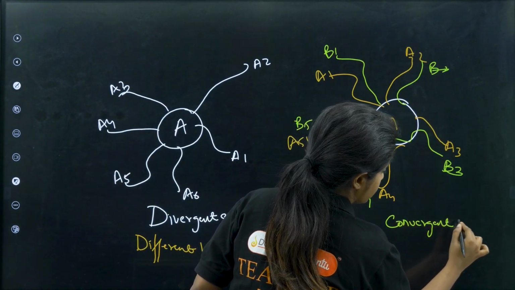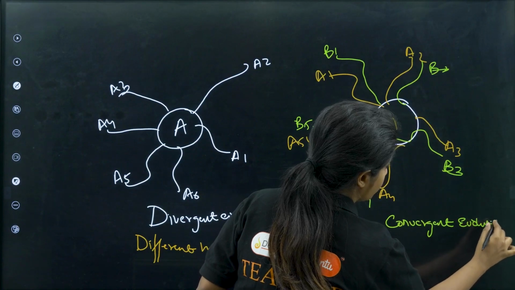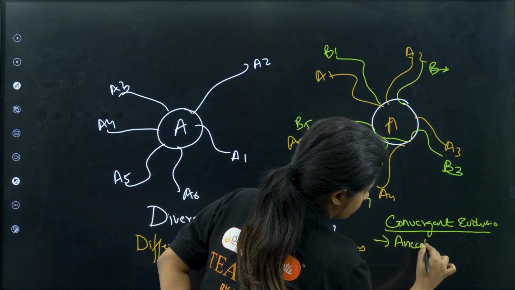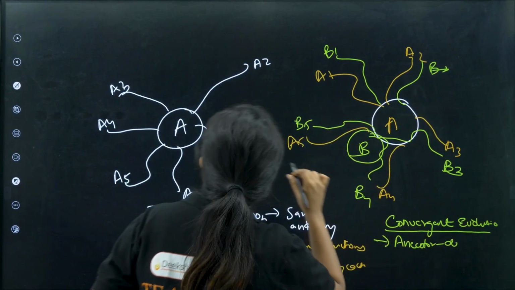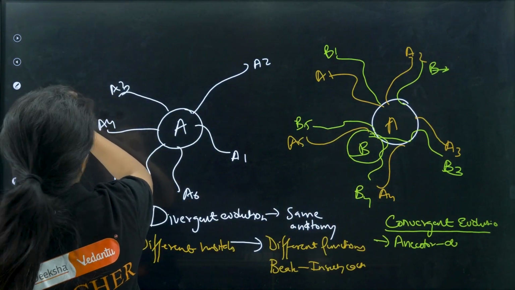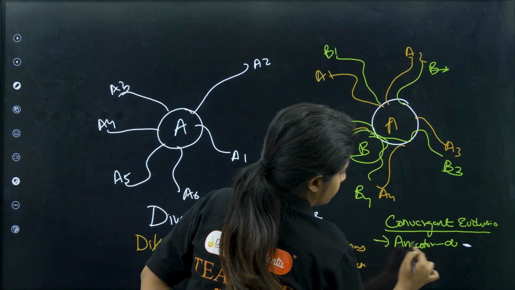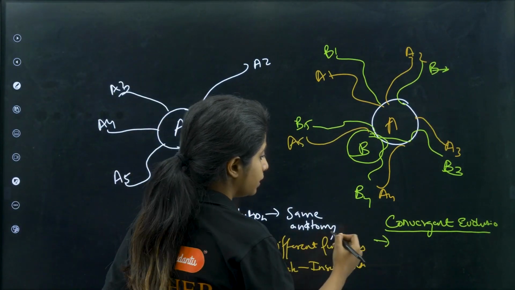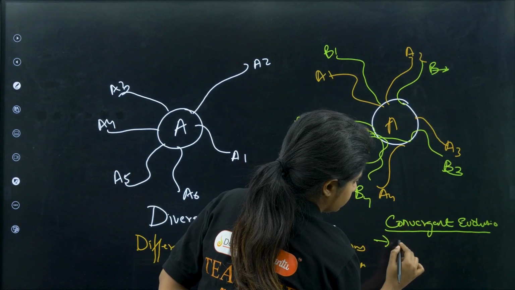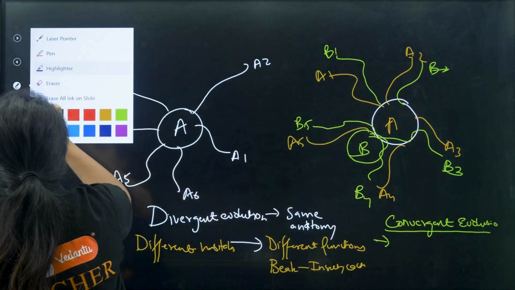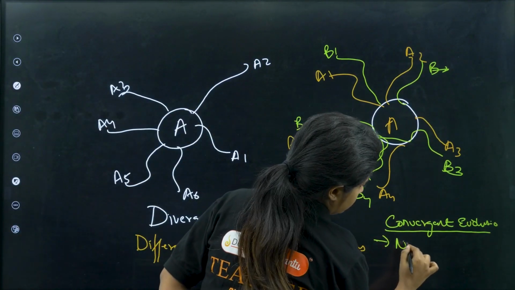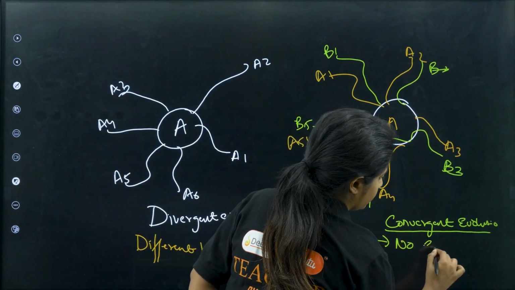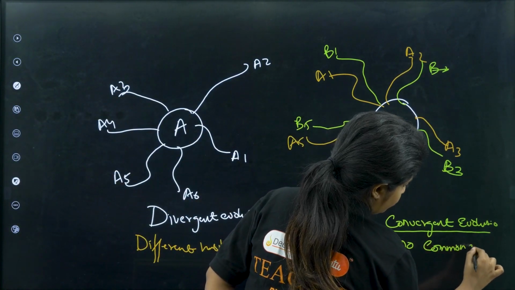Why do I say they are showing convergent evolution when I talk about both of them? Because there is no common anatomy.